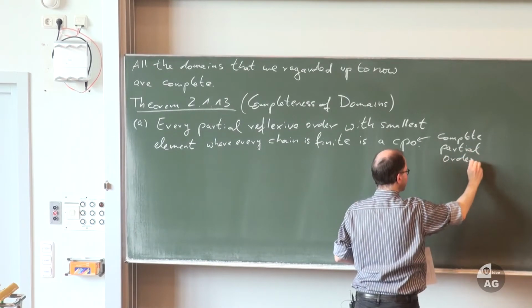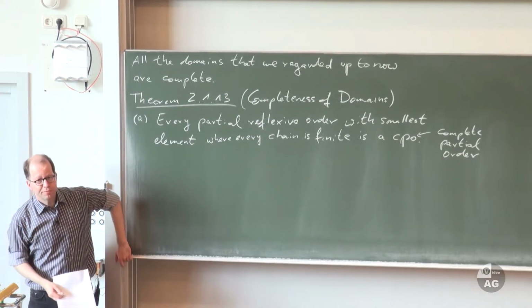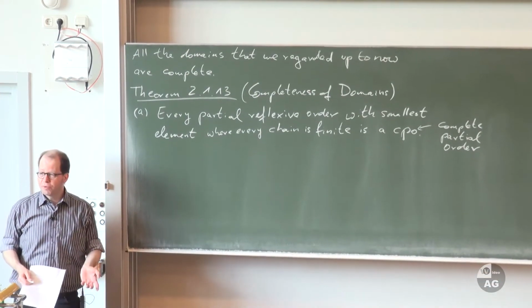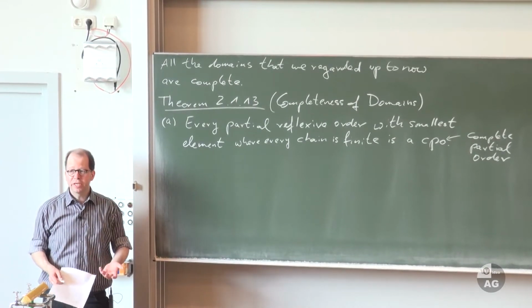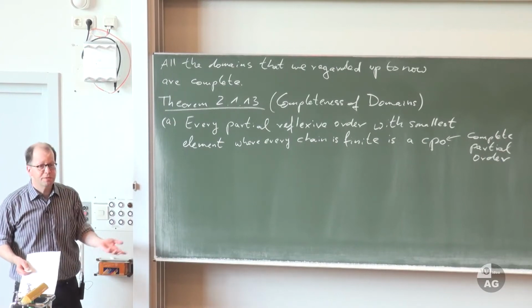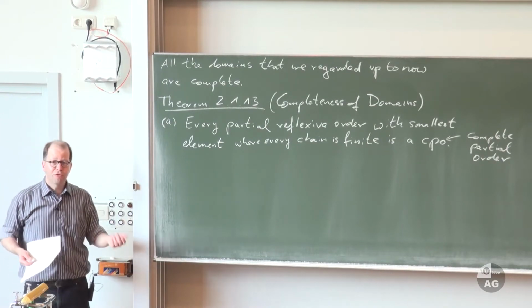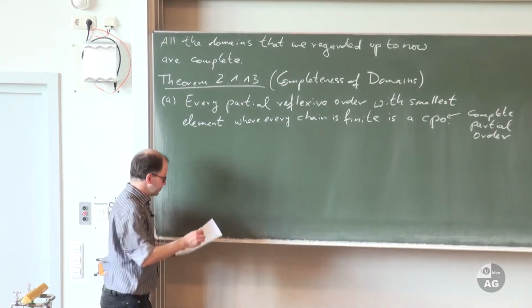So that means if we look at our base domains like Z bottom, every chain there has at most length 2. So something like bottom, 0. That's a chain, and we cannot make it any longer because 0 is completely defined. There is nothing that is more defined than 0. And bottom, 5 is, of course, another possible chain.